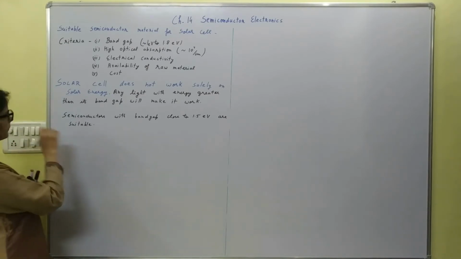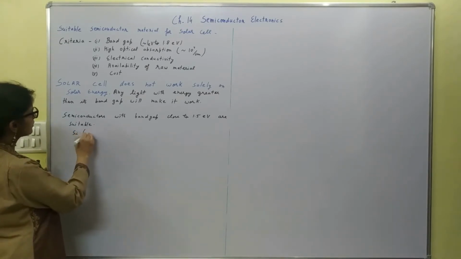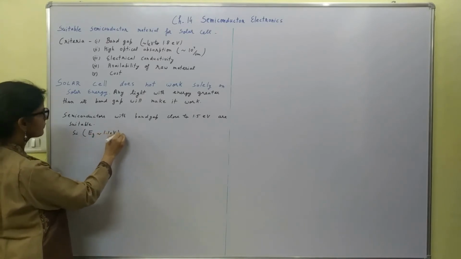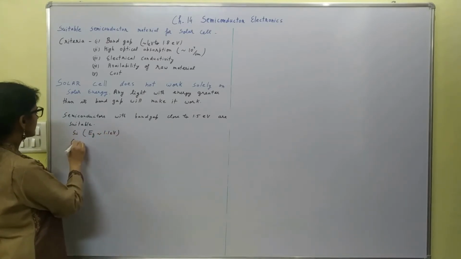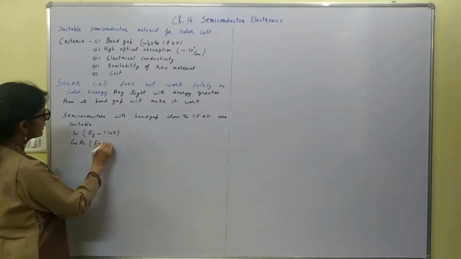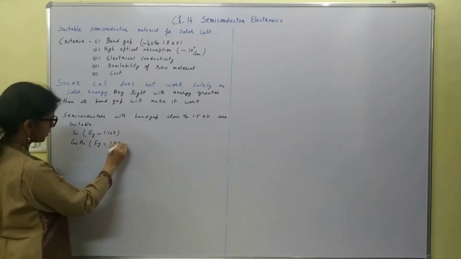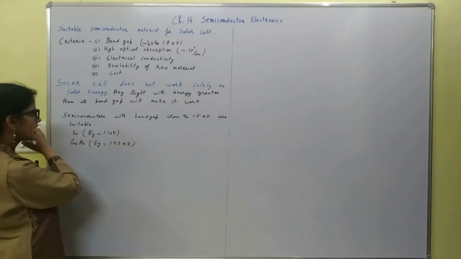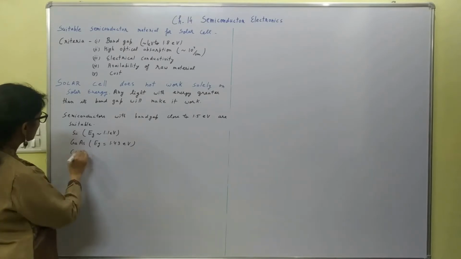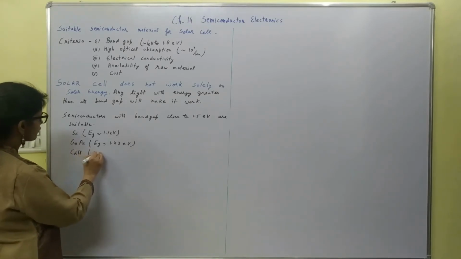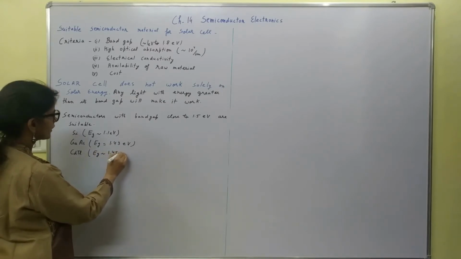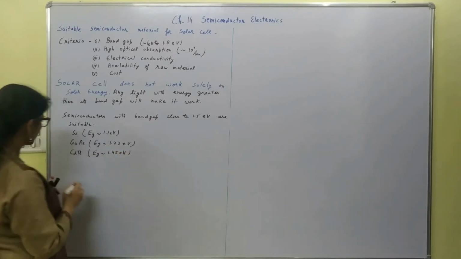right? So silicon, which has the band gap of nearly 1.1 electron volt, gallium arsenide, which has the band gap of nearly 1.43 electron volt, and cadmium telluride having energy gap of nearly 1.45 electron volt also is useful.